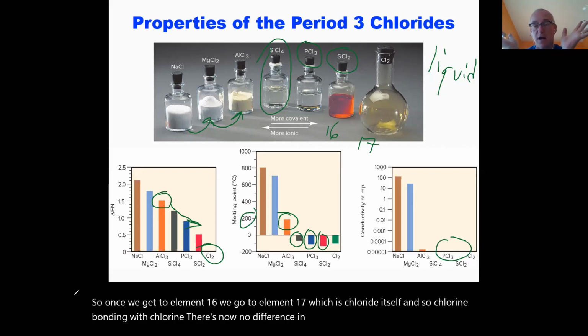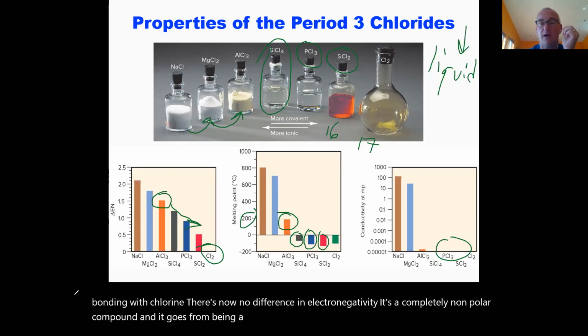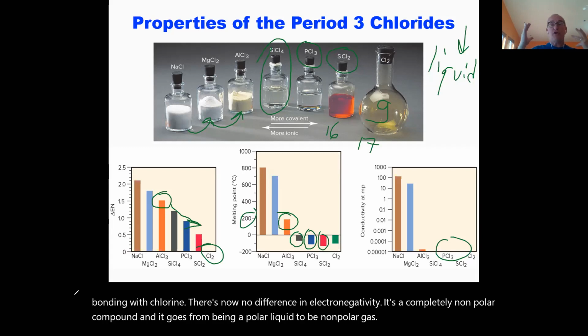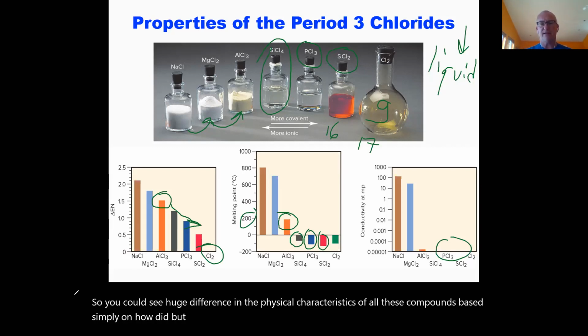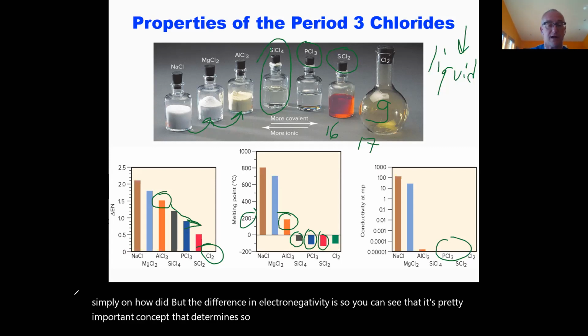It's a completely nonpolar compound, and it goes from being a polar liquid to being a nonpolar gas. So you can see a huge difference in the physical characteristics of all these compounds based simply on the difference in electronegativity. It's a pretty important concept that determines so many physical properties of these compounds.